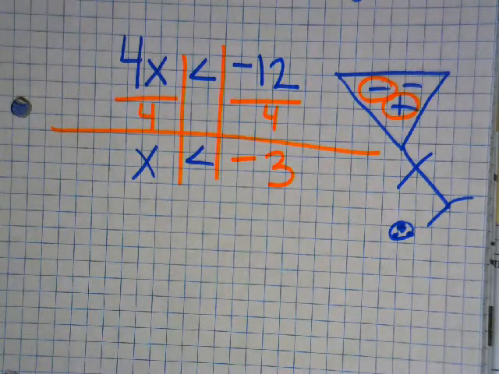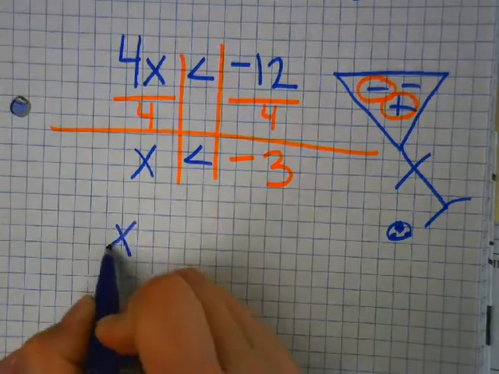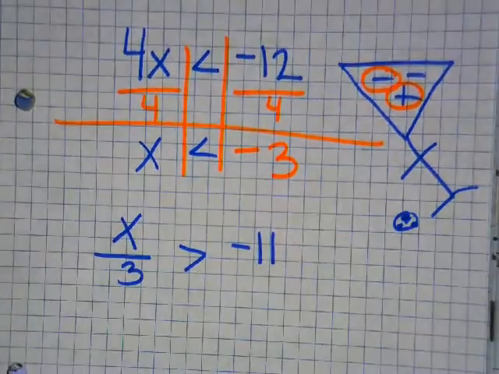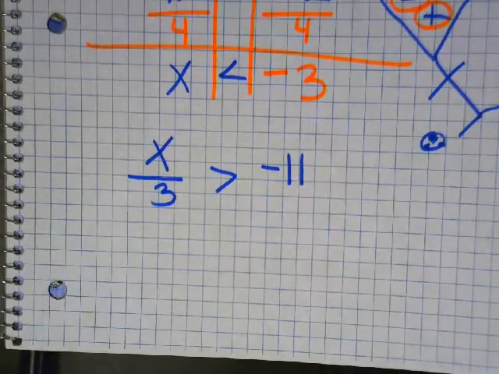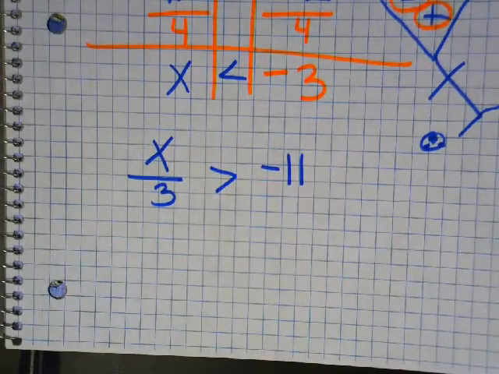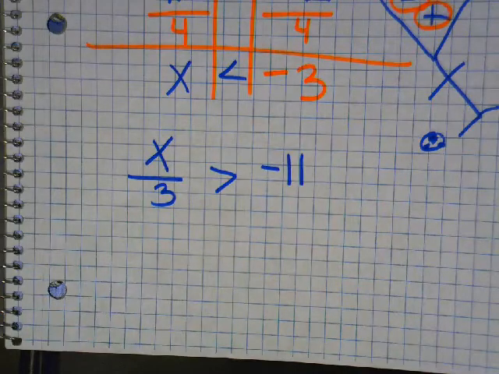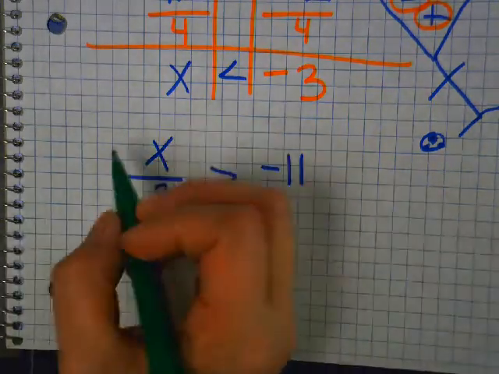Alright, what if it's like this? What kind of problem is this to start with? It's a division problem to start with. So what are you going to do? Multiply. What am I going to multiply by? 3. We're going to multiply 3 to both sides.